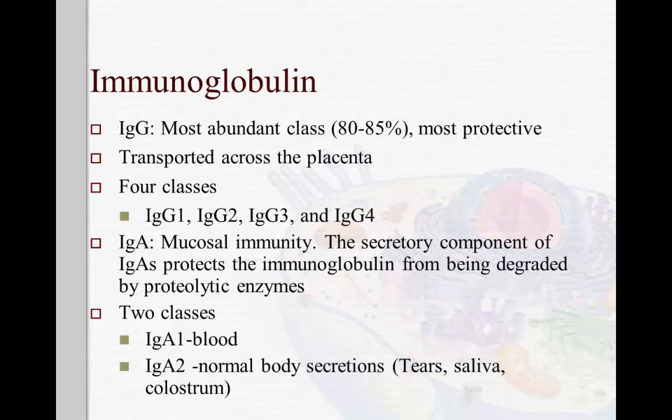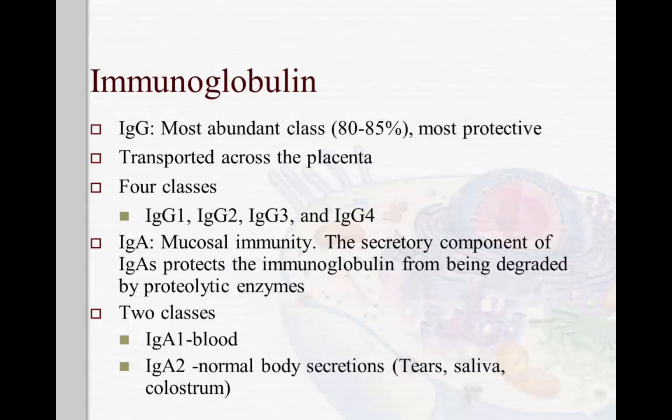Then we have IgA, which helps defense against the invasion of microorganisms through body surfaces lined with the mucous membrane. So your key word there will be secretions. So the secretory component protects this type of immunoglobulin.